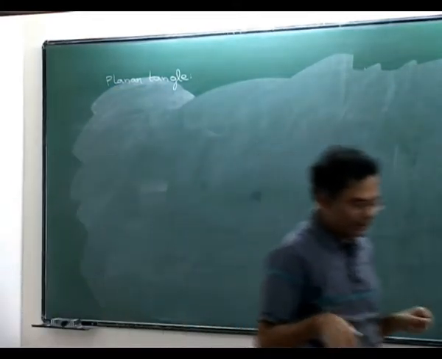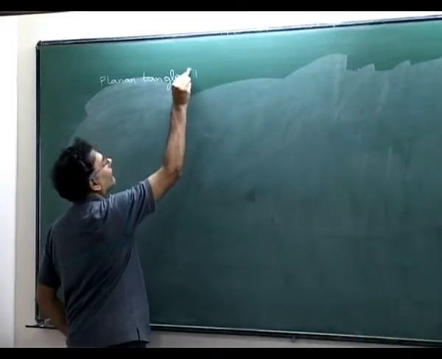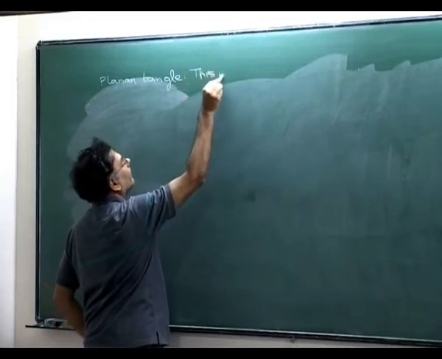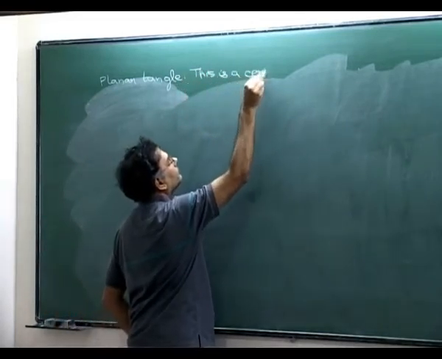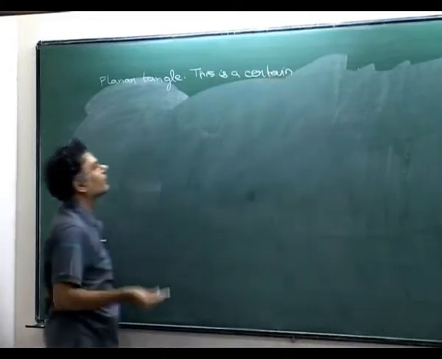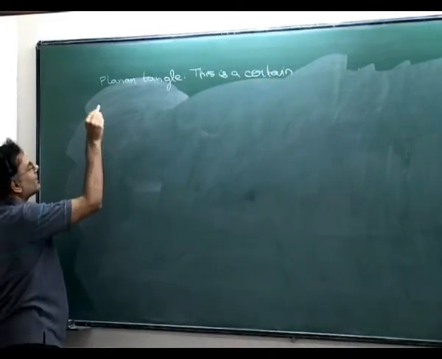A planar tangle is a subset of the plane together with various associated data. So what kind of subset? So let me draw it. I'll refine it later. So to begin with, this is a certain subset of the plane.